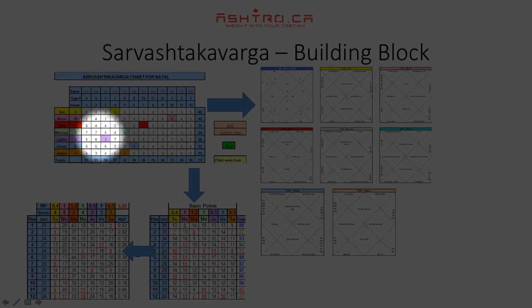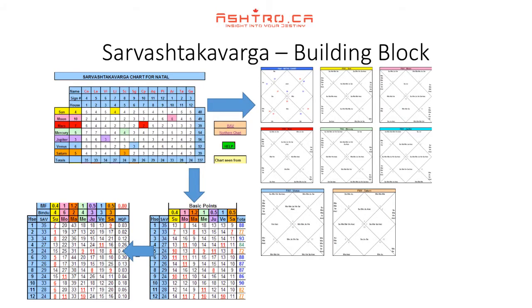So we take the Sarvashtak Varga chart and we apply the Upchay theory, and we take the totals of house A, B, and C. House A is the Karak star, B is the Phal, and C is the Phalit star, it's called.